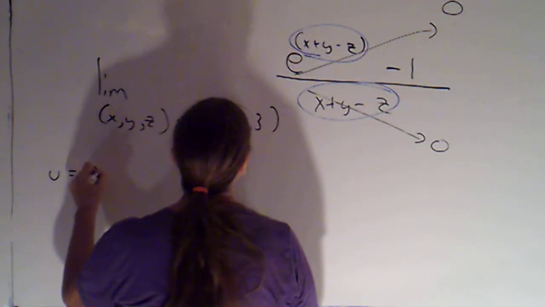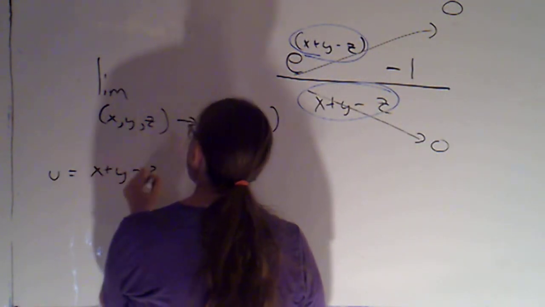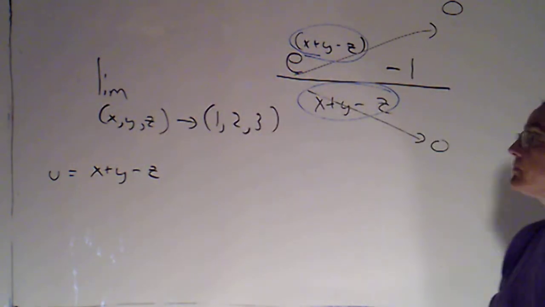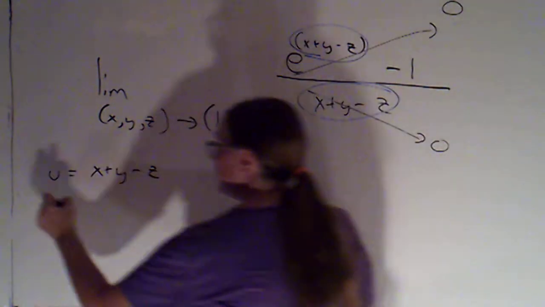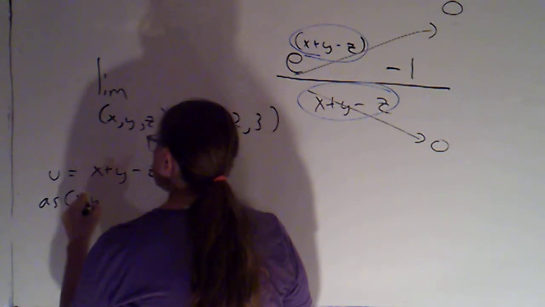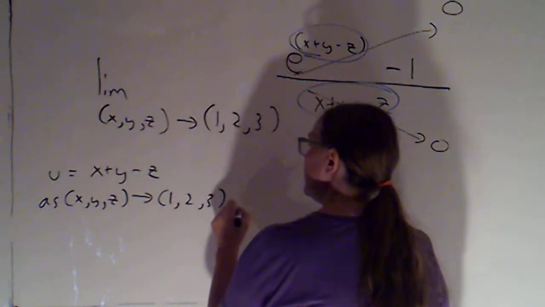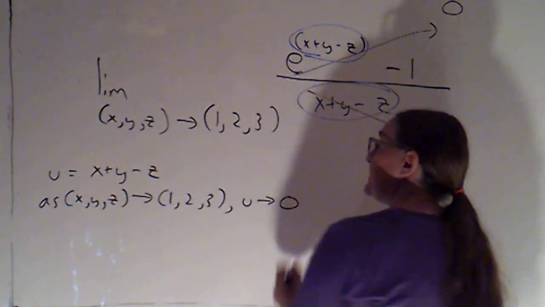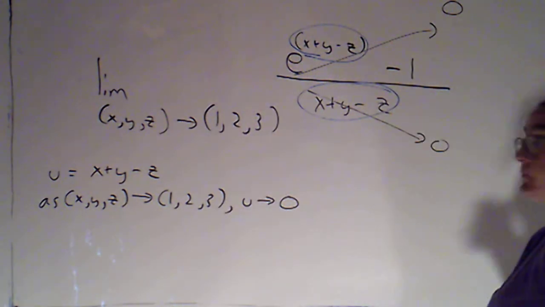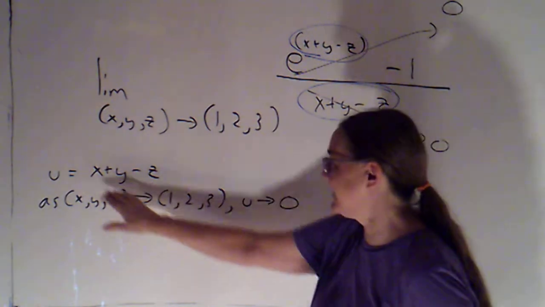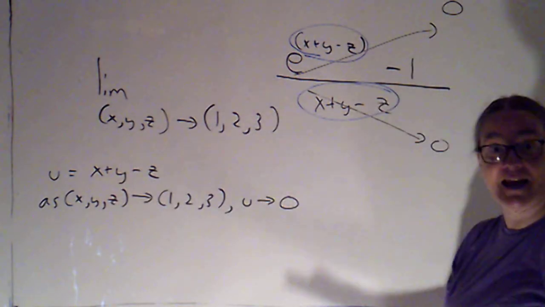I'm going to let u equal x plus y minus z. Now notice, as (x, y, z) approaches the point (1, 2, 3), u is going to approach 0. Because if I try to plug in 1, 2, and 3, we just saw, we get 0.